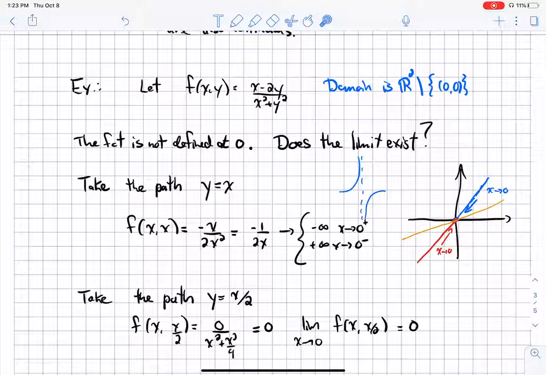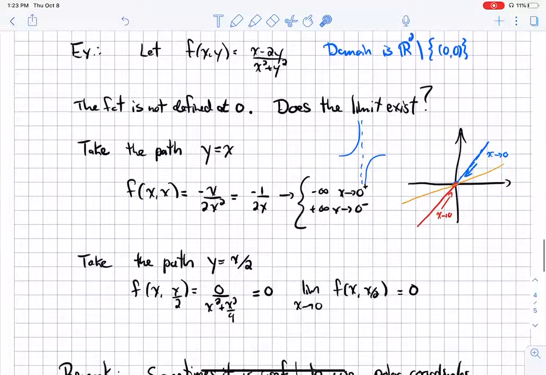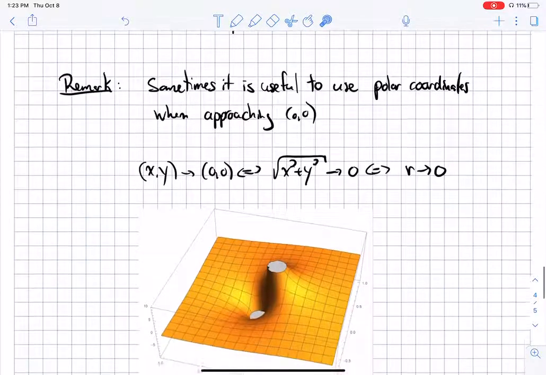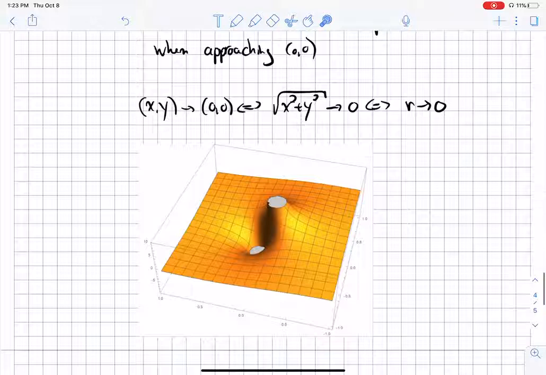So how can that be? Well, we're in 3D, and I put the graph to help you. This is what this graph looks like. I invite you to do it by yourself. This is the path y equals x, this line. Depending on whether x is positive or negative, you're going to blow up like this or like that.